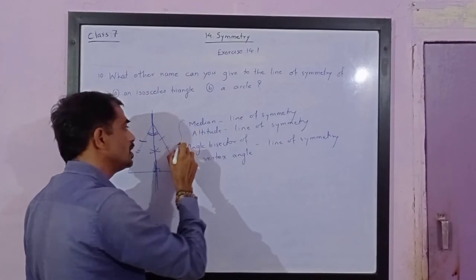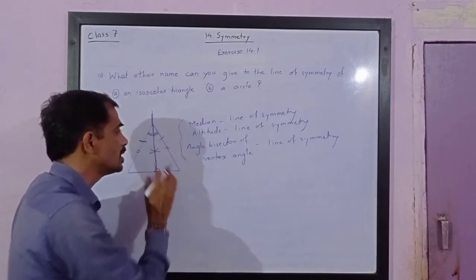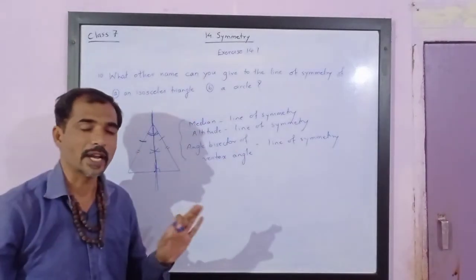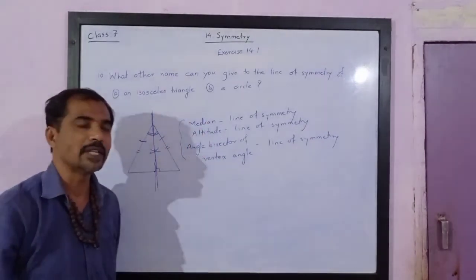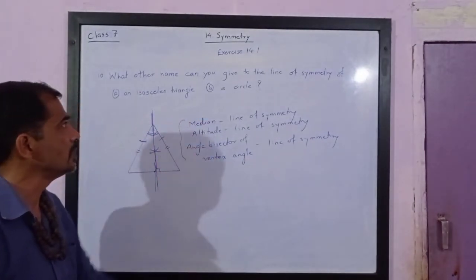Please note, all these three are one and the same for an isosceles triangle. Only for an isosceles triangle, the median is the altitude and the altitude itself is the angle bisector. So you can give any of the three names.